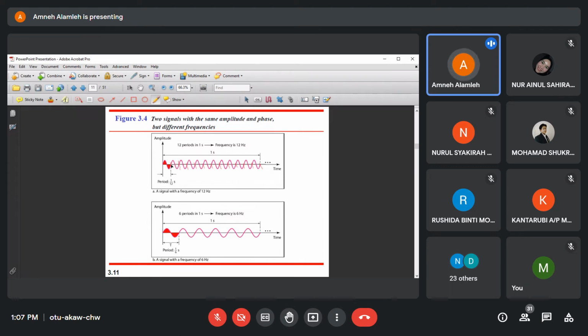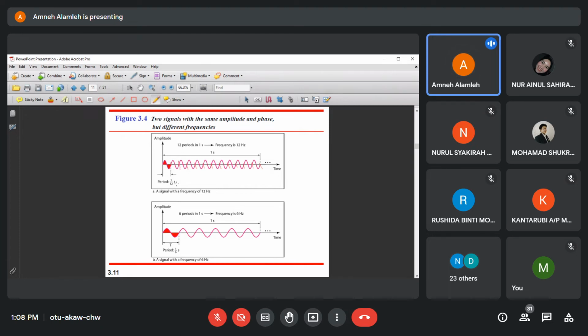How do we know the frequency? We count the waves. The waves are 12. So 1 over 12 is the time. So the frequency is 12 hertz, and the period is 1 over 12 second.